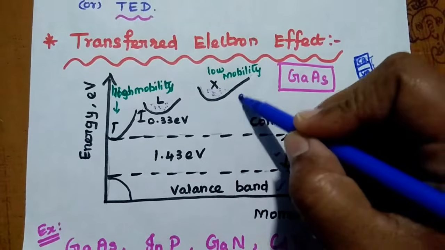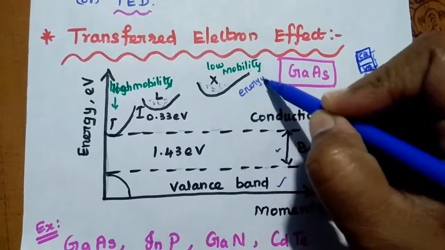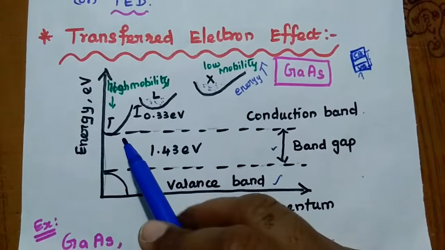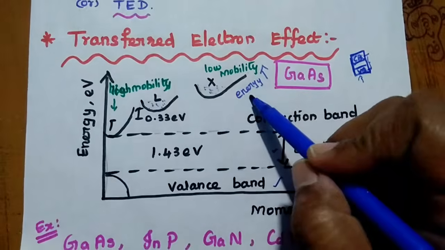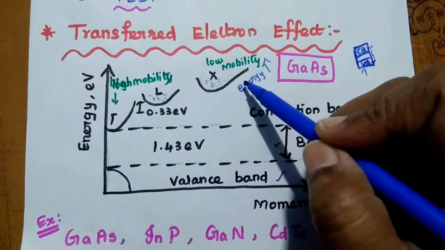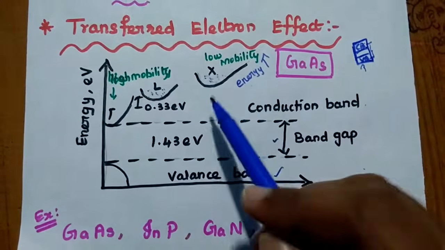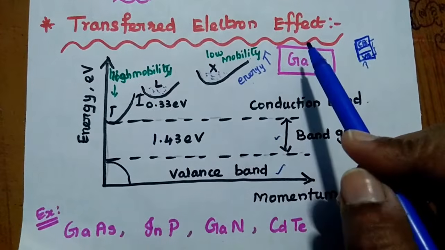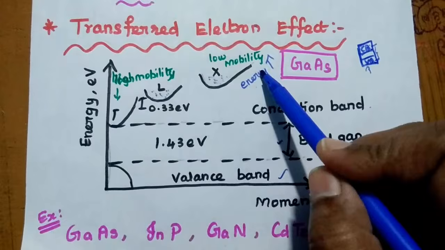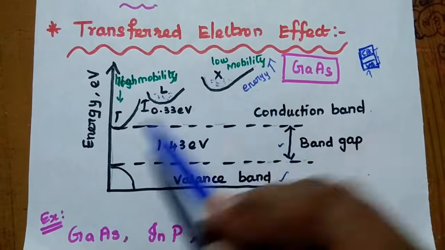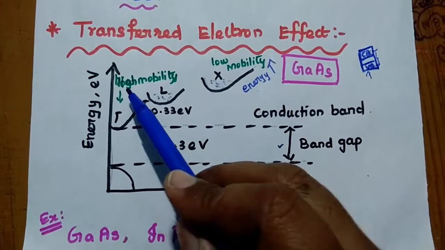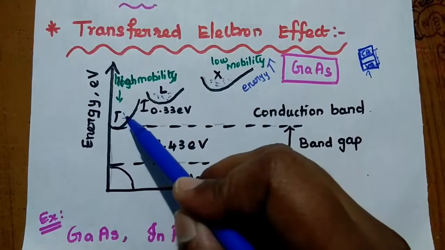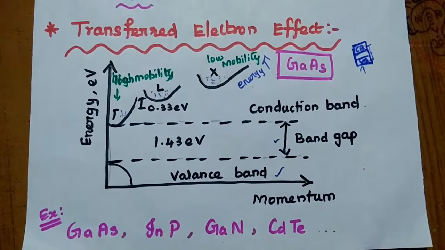But here the energy is very high compared with the low level. Energy is high but mobility is very low. You have to remember this concept. It is very important in this transferred electron effect. Energy is very high but mobility is low. Here, mobility is very high, but energy is low.